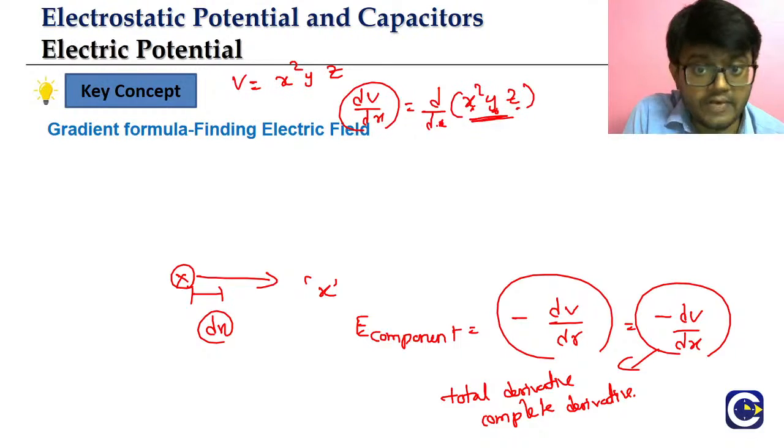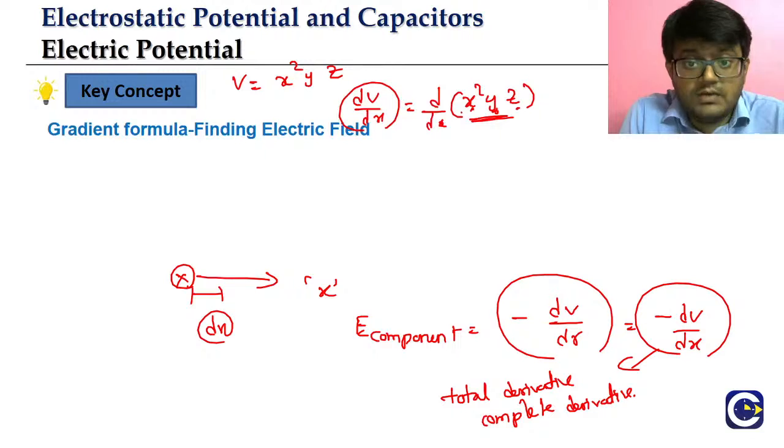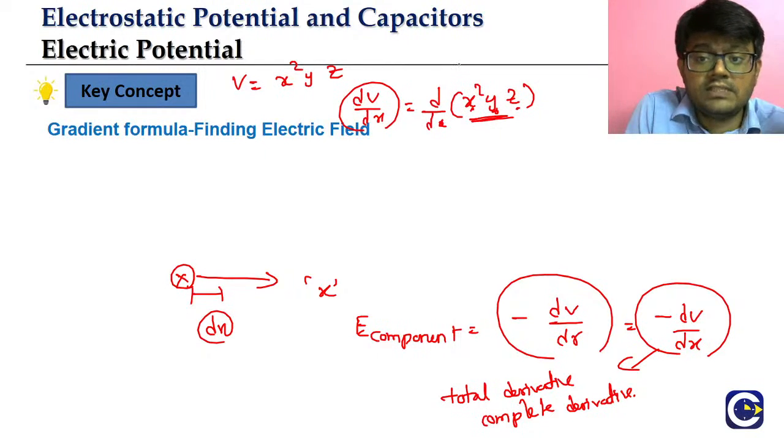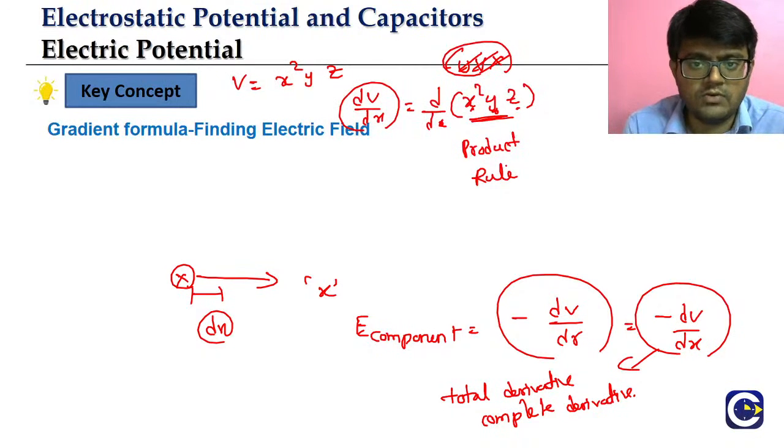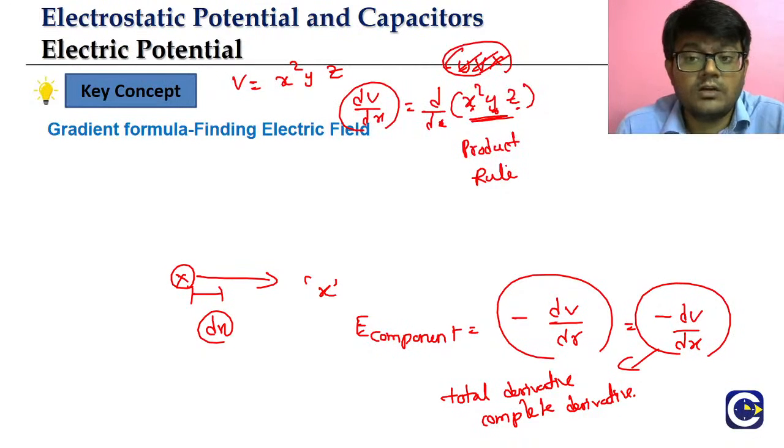So we will use the product rule of derivative, because we take each of them as a variable.